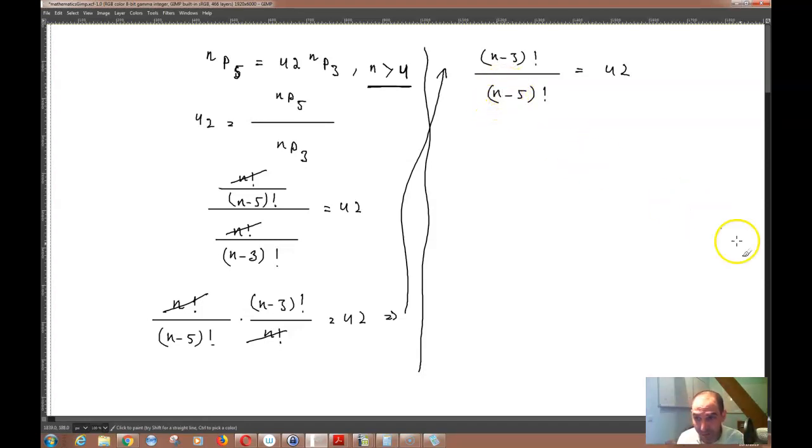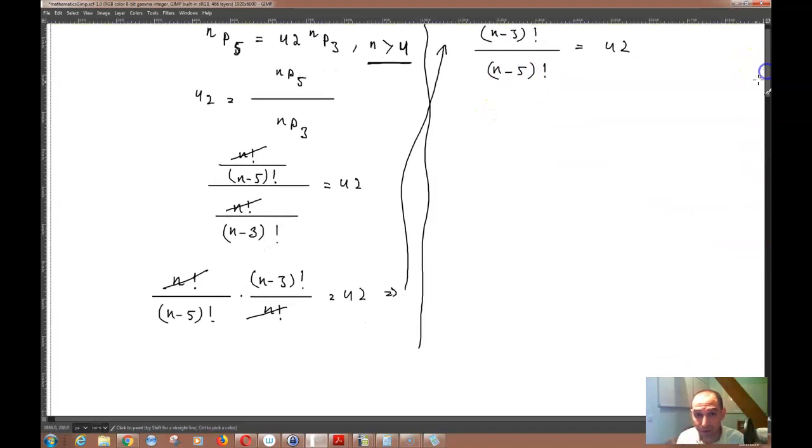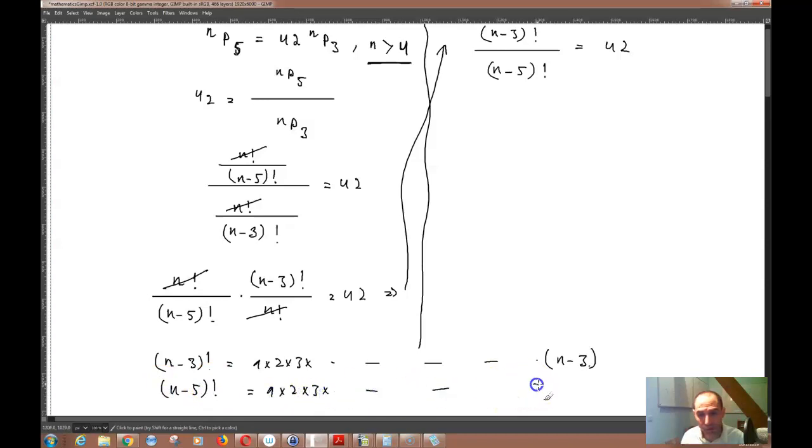The meaning of n minus 3 factorial is 1 times 2 times 3 times all the way up to n minus 3. And the meaning of n minus 5 factorial is the same thing as 1 times 2 times 3 times all the way up to n minus 5.